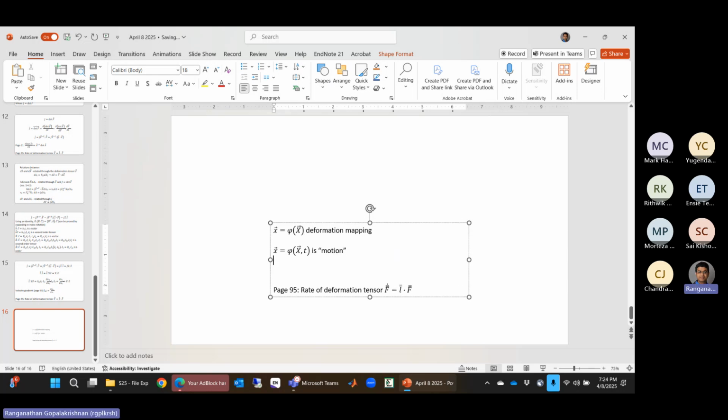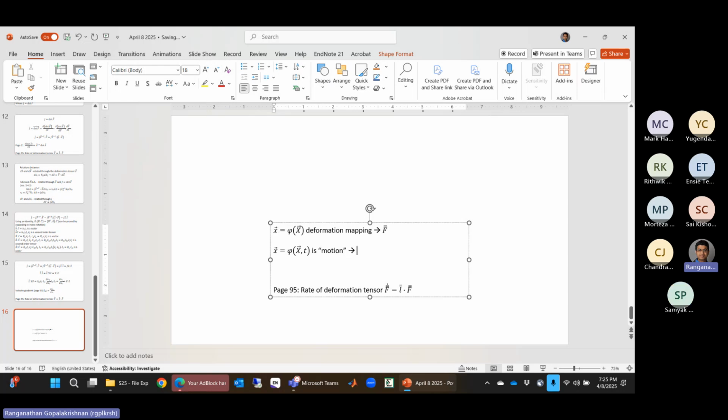Motion includes time dependence. So this allows you to get F, and at this point we all know it's related to the material X and spatial x. This also allows you to get velocity, in either the spatial or material frame. You can get velocity and acceleration if you know the motion.